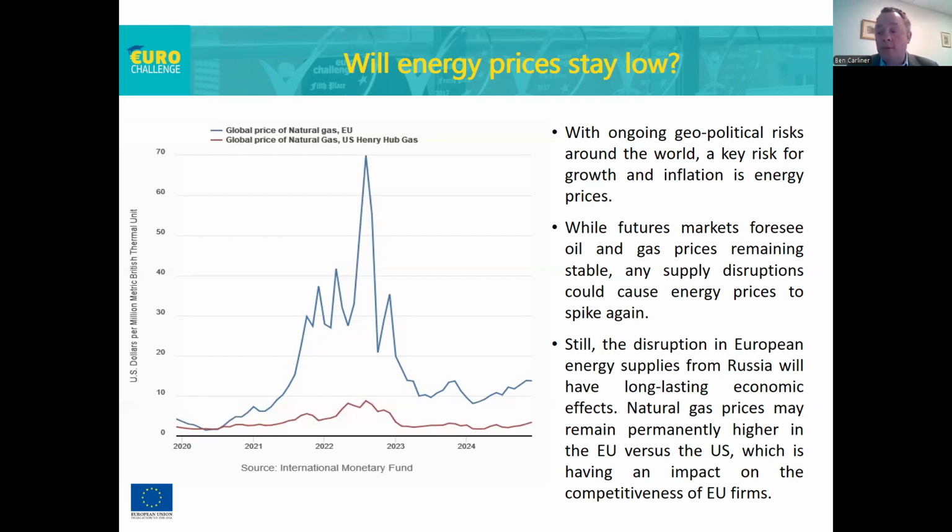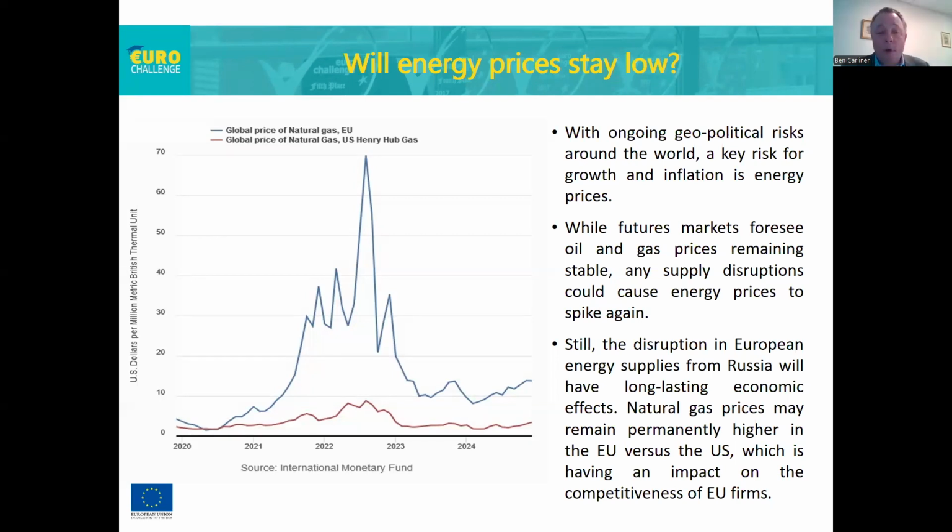This would be a challenge for central banks figuring out whether they should respond to any kind of temporary shock in energy markets. But another issue that I wanted to highlight is that, even though the blue line there is the price of natural gas in Europe, and the red is the price in the United States, the war in Ukraine caused a much bigger impact in terms of how much energy prices spiked in Europe.